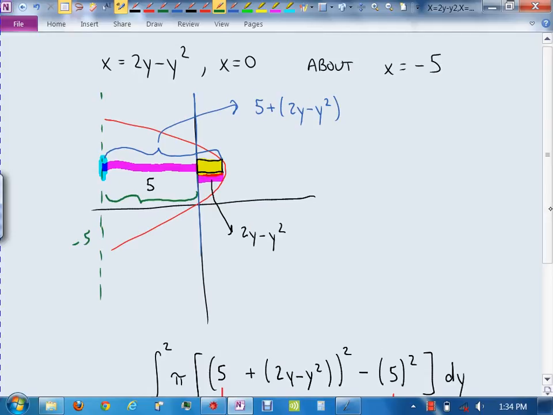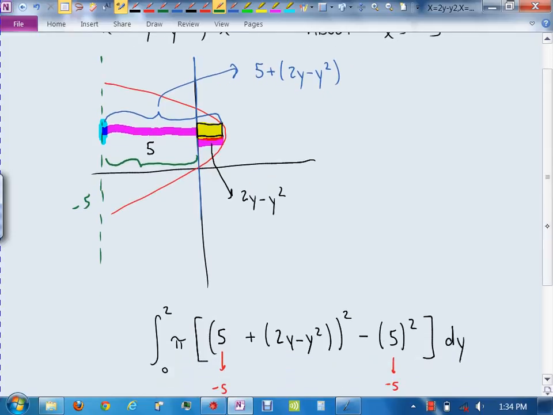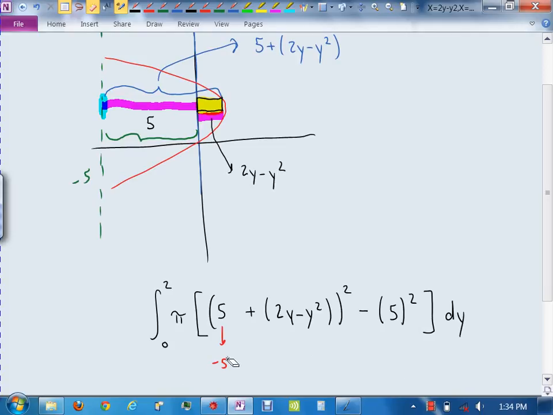And so this integral is correct. The 5 here is this part, the greenish part, and then the blue part is all of this. So you got pi times the outer distance squared minus the inner distance squared, inner radius. Did that help with you doing that one yourselves?